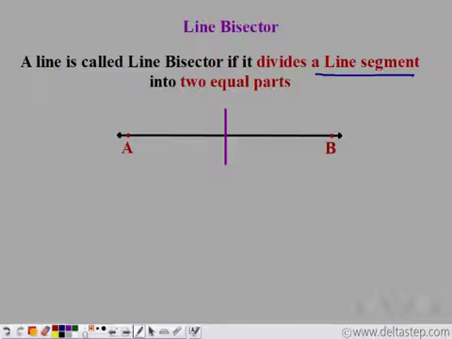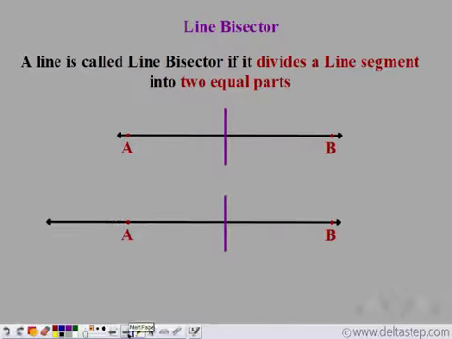But since this is a line, I can extend it in any direction I want, because a line extends infinitely in both the directions. So let me extend it in this direction and get this. Now this line segment does not appear to bisect this line AB, because this part is greater than this part.